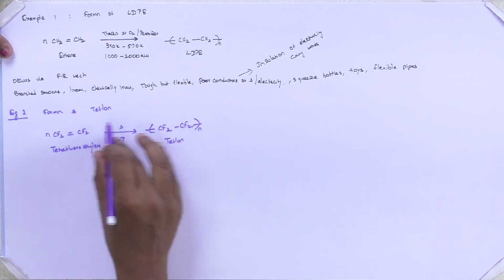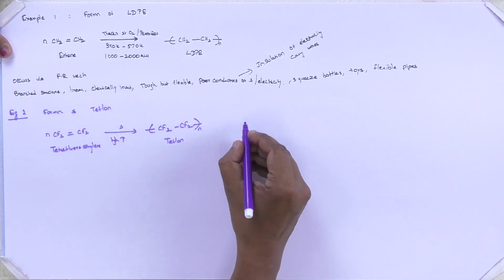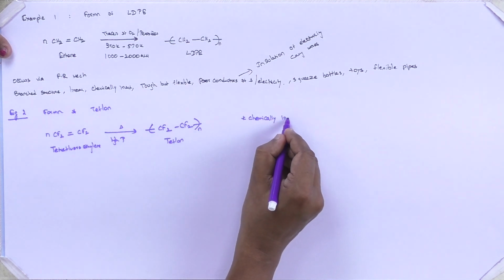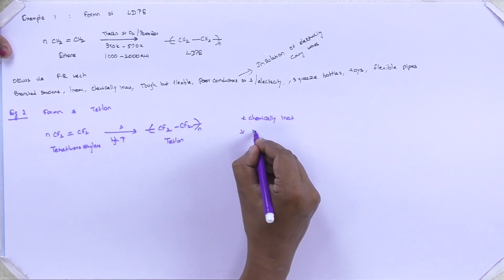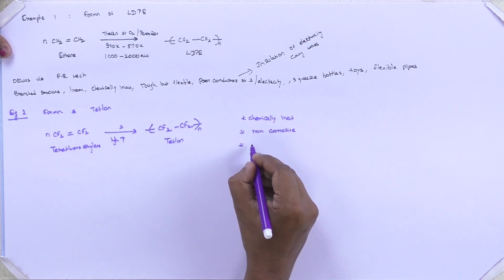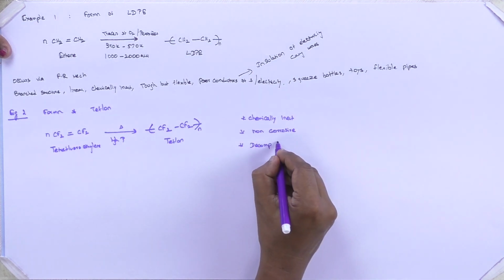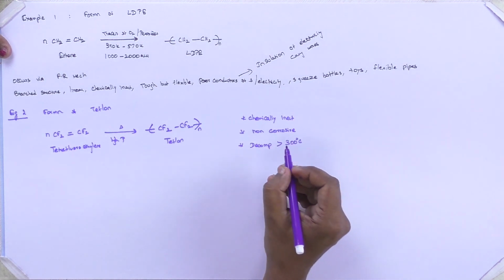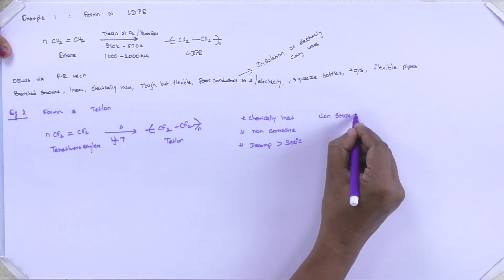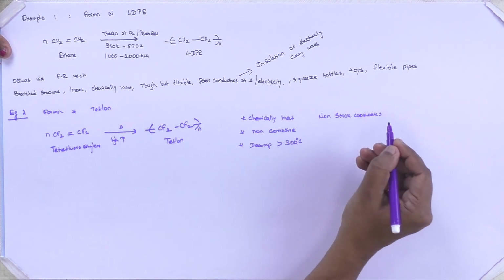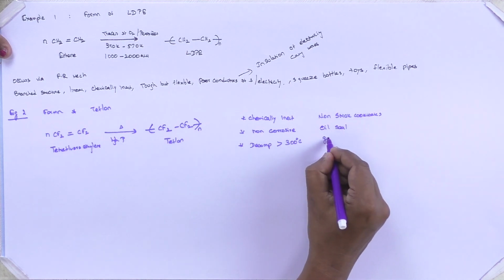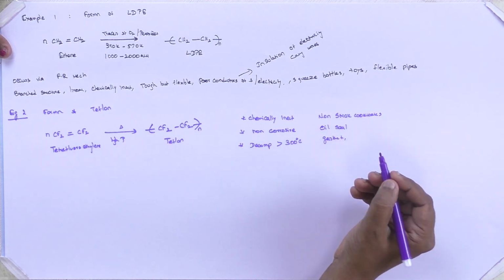So this Teflon is formed like this, and it is chemically inert again. It is also non-corrosive in nature. Decomposition takes place only above 300 degrees C. Therefore, it may be used in non-stick cookware. We have Teflon coating, double coating, triple coating, and so on. Oil seals and gaskets: in all these, Teflon is used.